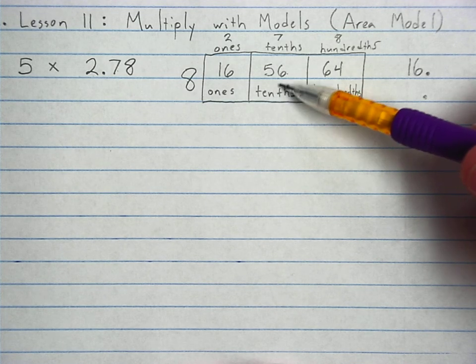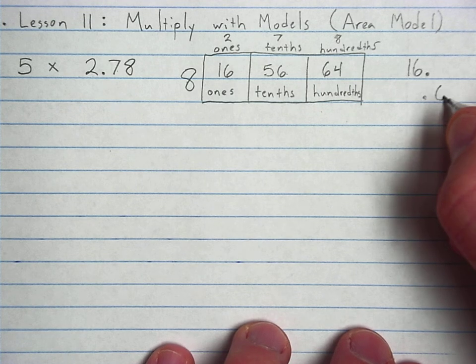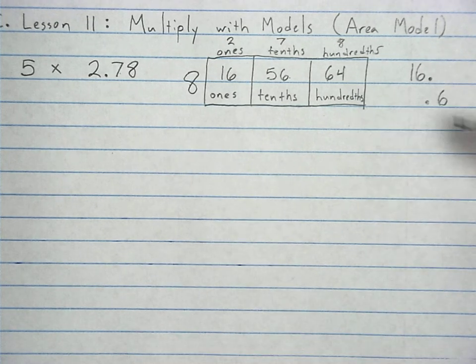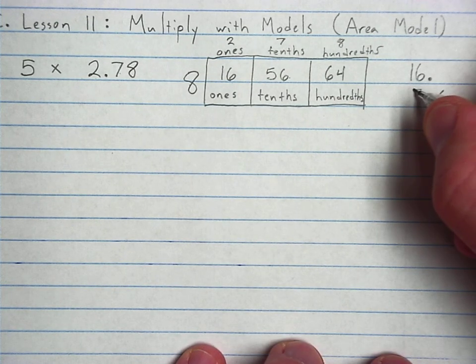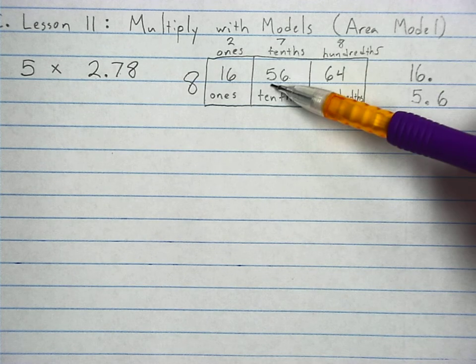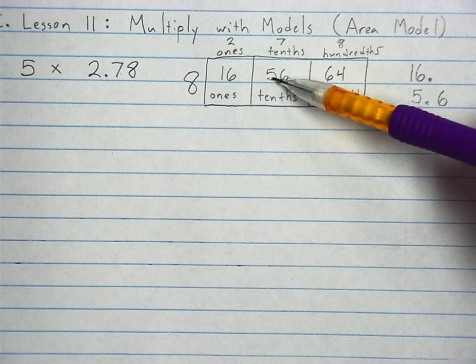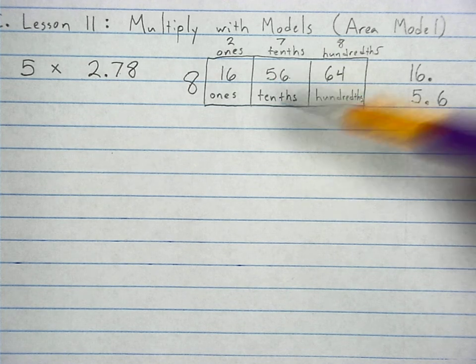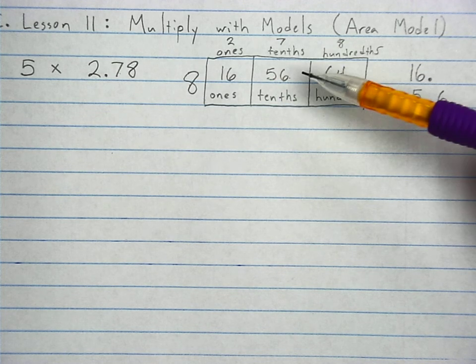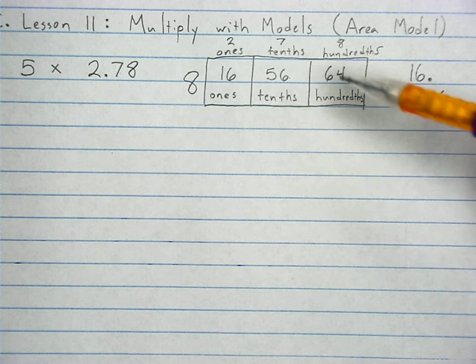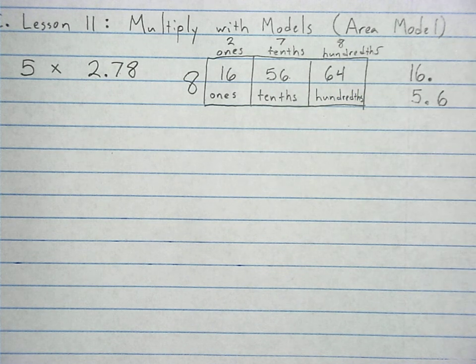So if this is tenths, then the 6 needs to be in the tenths. Everything else is just going to scoot over into the next column to the left. Think of this as being 50 tenths. 50 tenths, well, every group of 10 is a solid 1, so that would be 5 ones, 5 wholes.